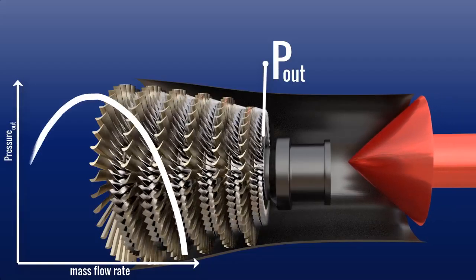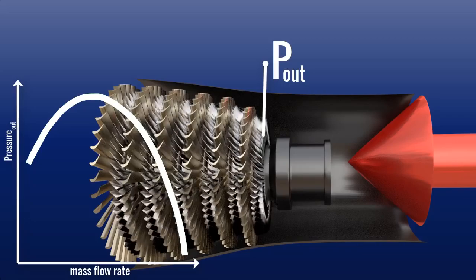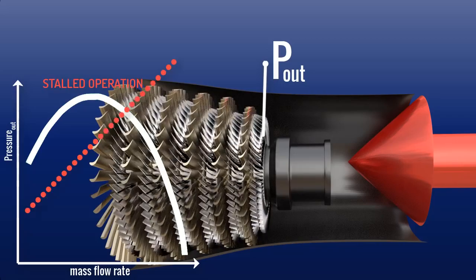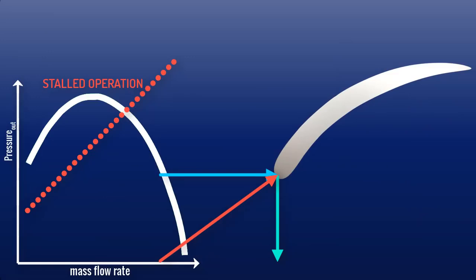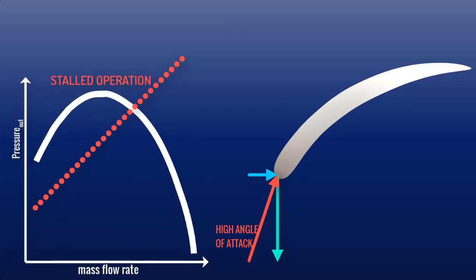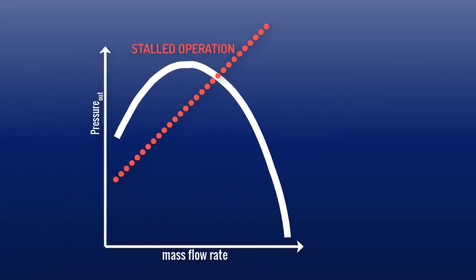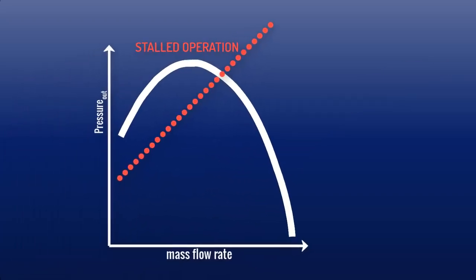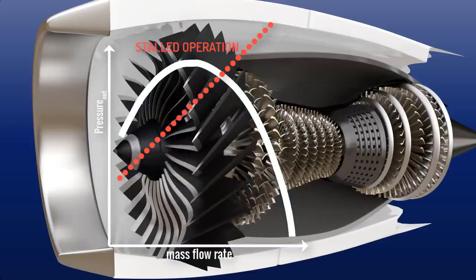You can see that after reaching peak pressure, the pressure then drops. This is due to the compressor stall. A low flow velocity can lead to a high angle of attack, and thus compressor stall. This graph is extremely critical in understanding the consequences of a compressor stall on an engine.